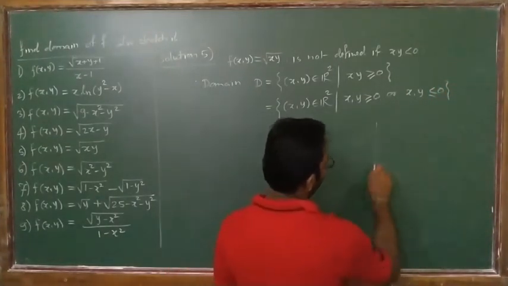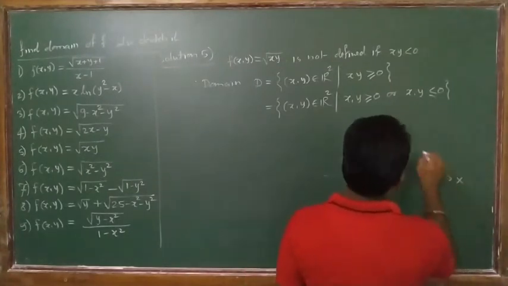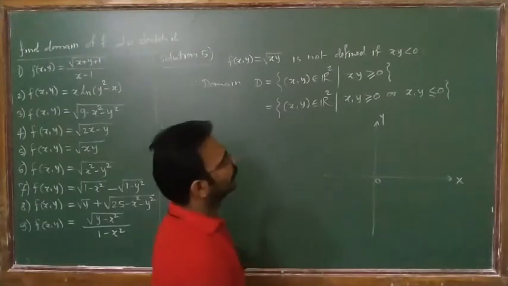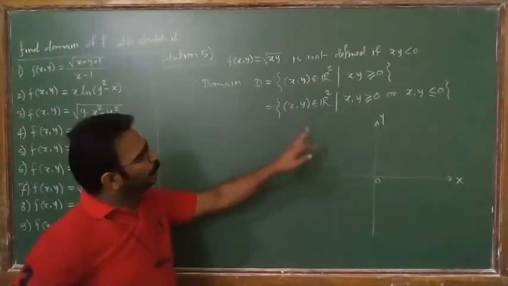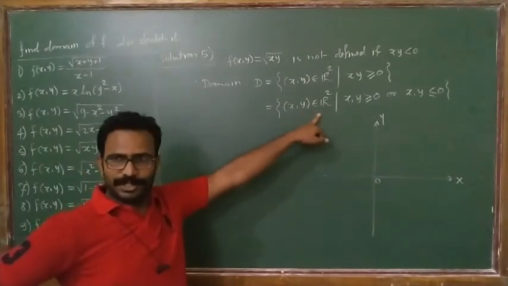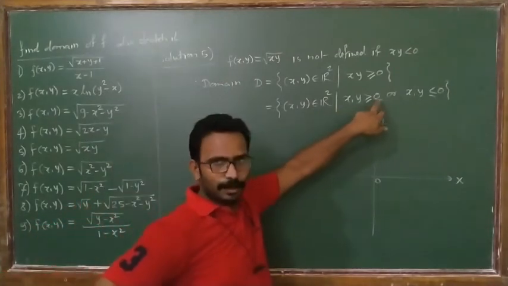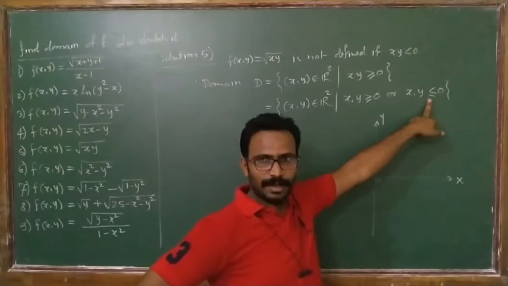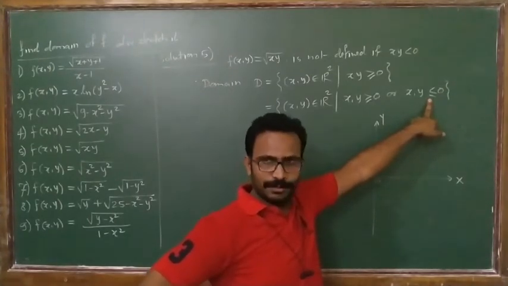So what should be the set? Those elements in R2 for which x and y both are non-negative or x and y both are non-positive.